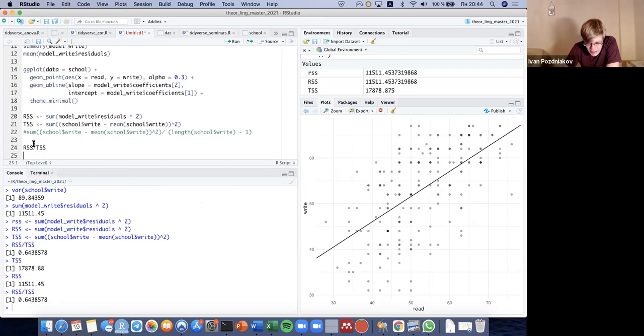So now I have a question for you all. How do we calculate R squared? From here, we need to do one more step. Remember that R squared is how much we explained, and now we have how much we didn't explain.